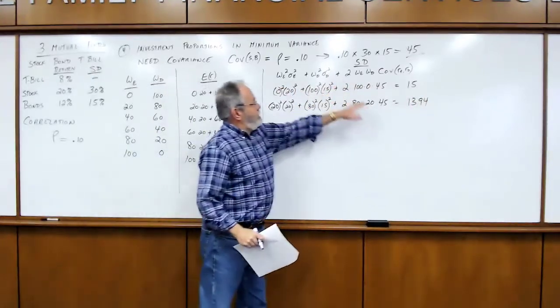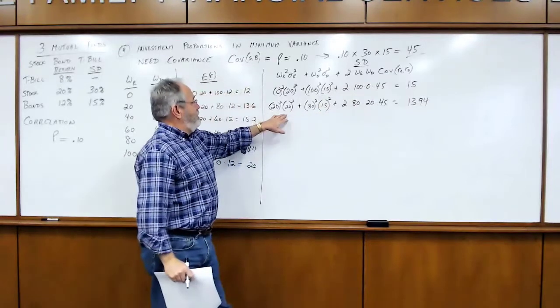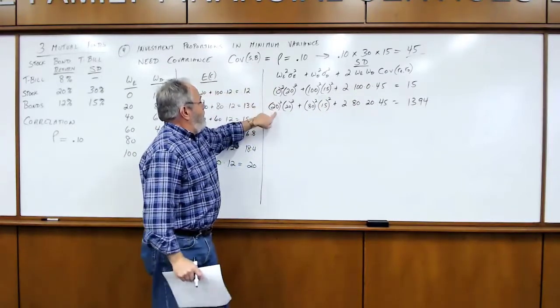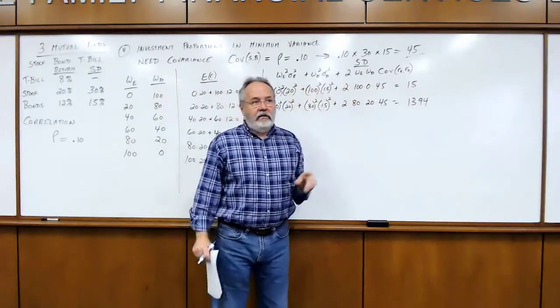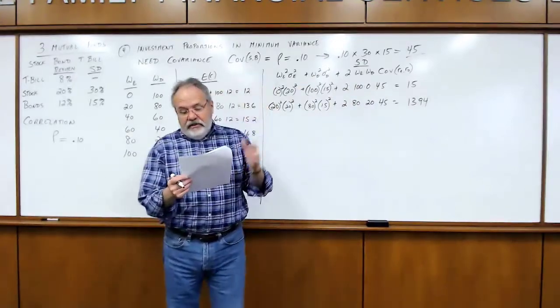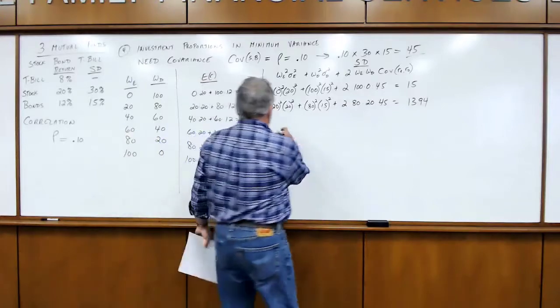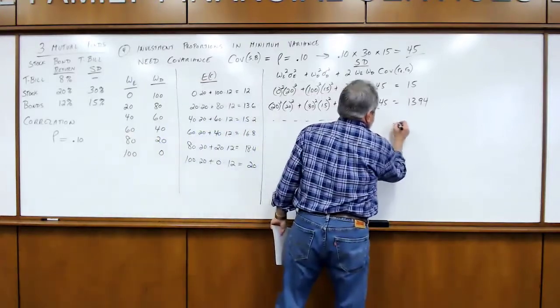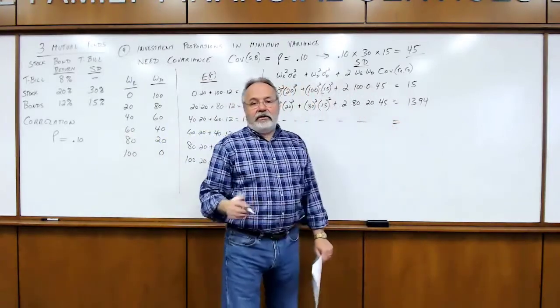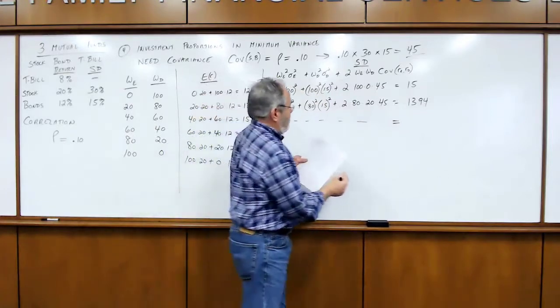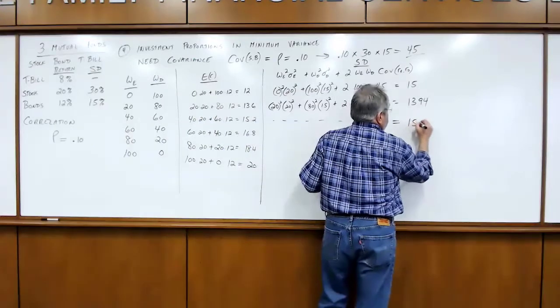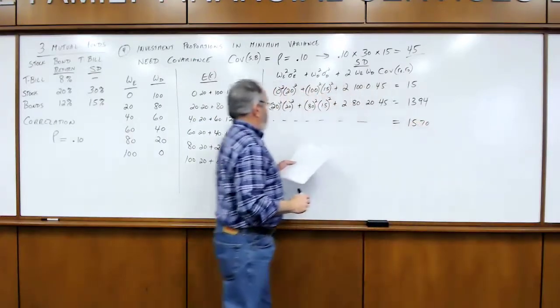That's the standard deviation associated with 20% in equity and 80% in debt. Okay? And these just go, et cetera, right? It would be a waste of your time and mine because you can do this at home now that you know how to do it. I have 15.7 here.